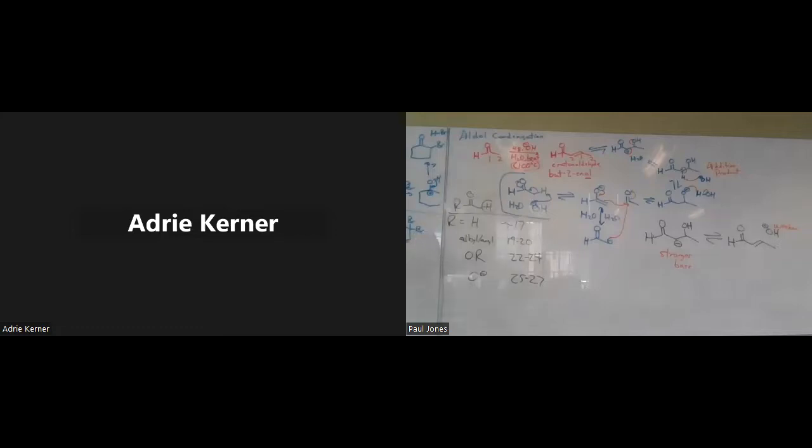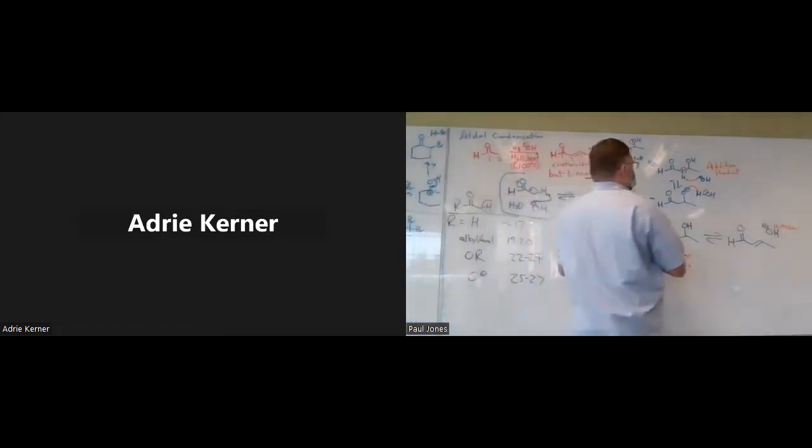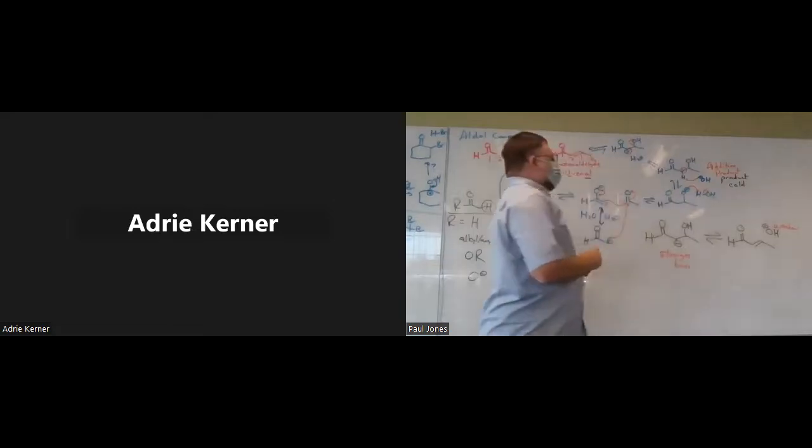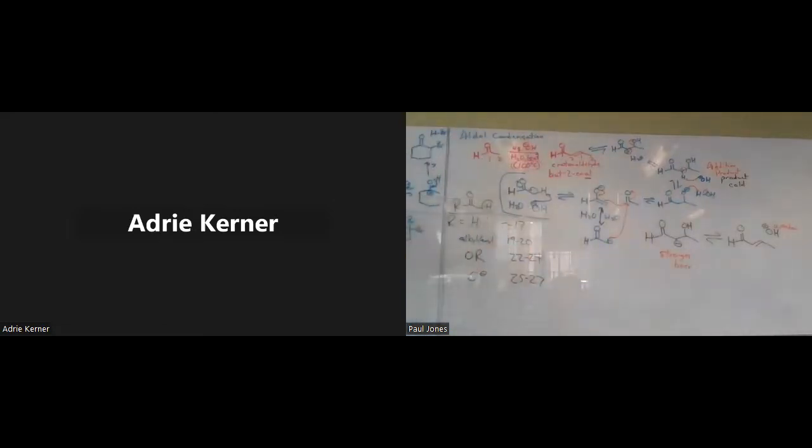If we run this reaction cold, hydroxide can be a leaving group, but it's still not a great leaving group. This reaction requires some energy. So if we run this reaction hot, we'll kick hydroxide out and get the double bond.